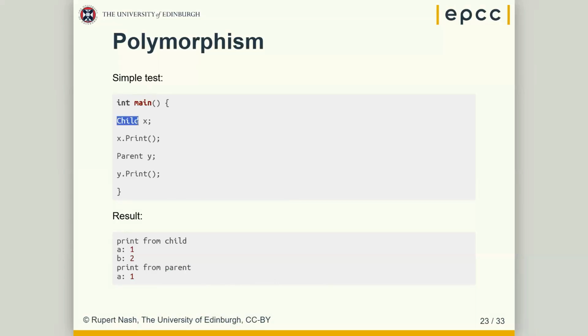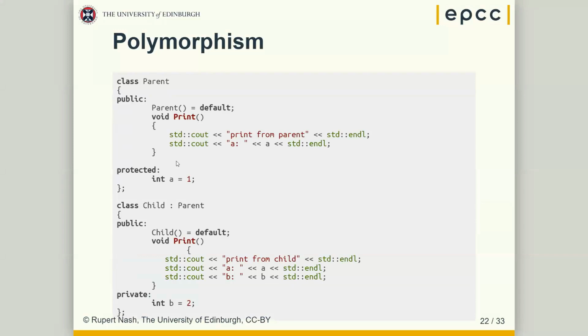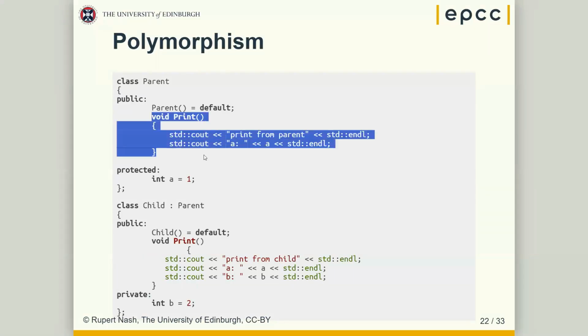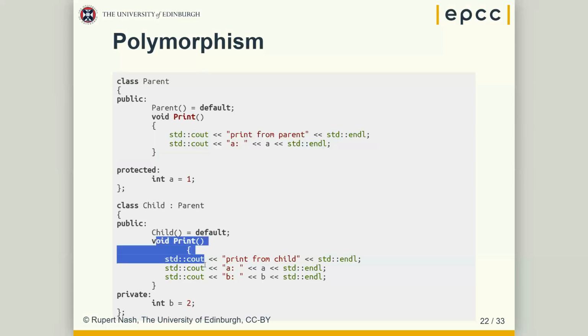If I create a child, the instance called X, and I print from that, I call the print from the child. If I have a parent, the instance called Y, and I print from Y, I just call the print from the parent. So even though the child has inherited this functionality, print, it has overridden it in its own definition. So you can redefine functionality in derived classes.